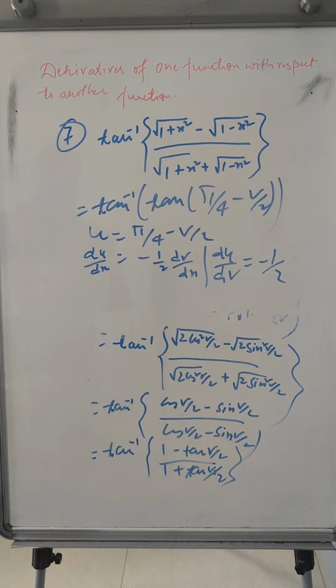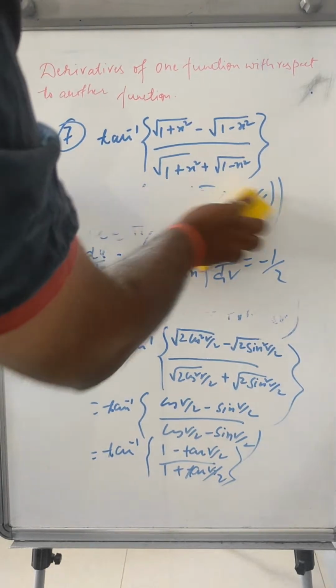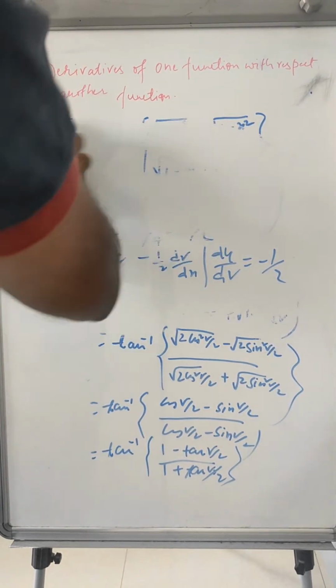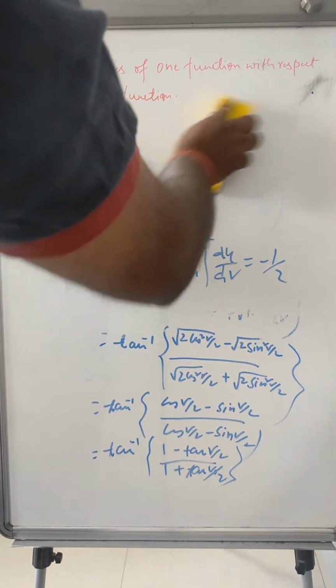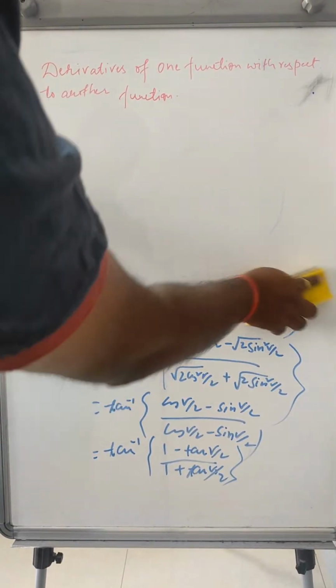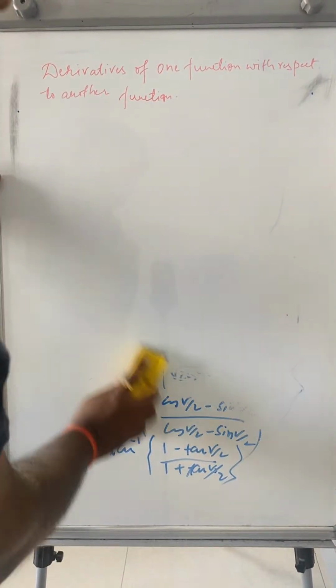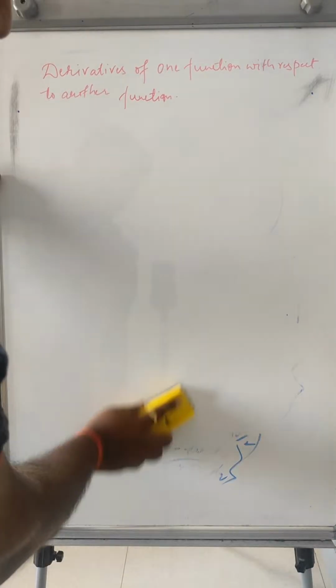So this is a little lengthy, but it is very straightforward actually. If you know the formula, very clear, very straightforward. But if you don't know the formula, you will go around in circles. It will take more time. Do the practice first. If you do the practice, you will remember the formula also, and things can be done easily.